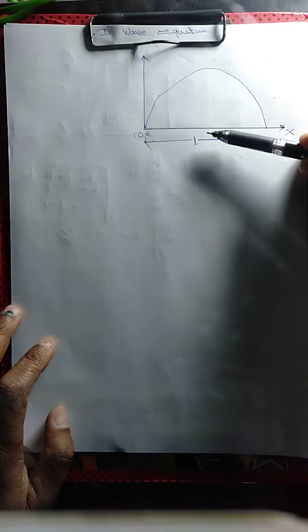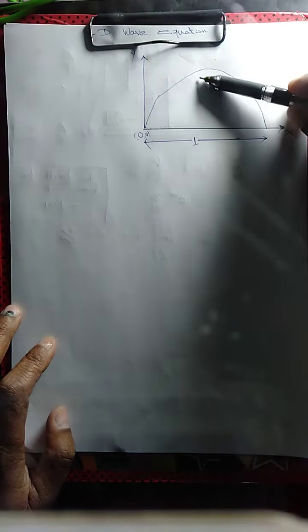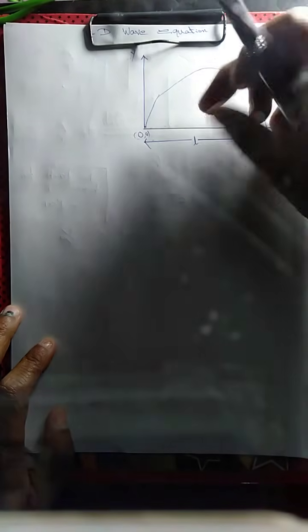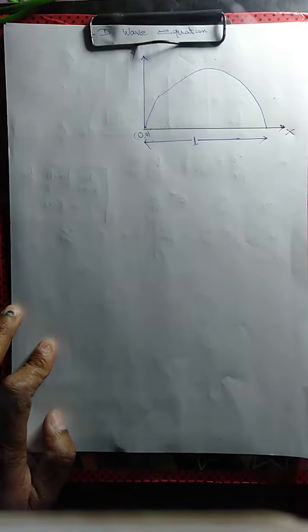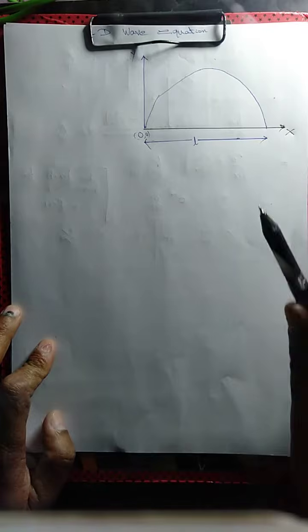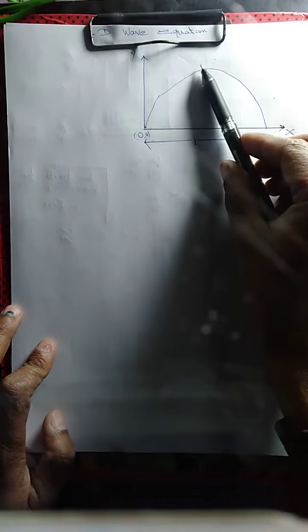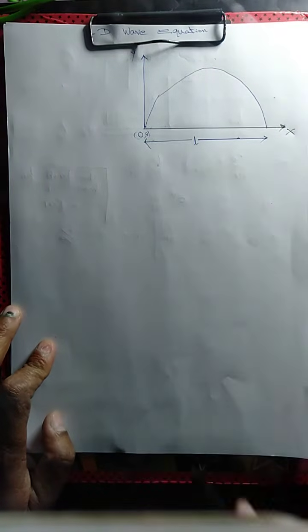Now if we stretch the string upward, let's pull the string upward, what will happen? The string will get stretched and it will acquire a kind of curved shape, or rather it will acquire some shape.